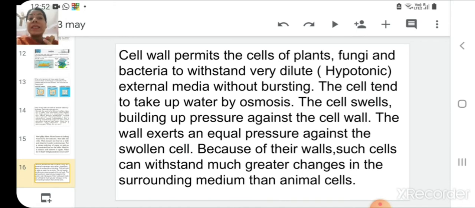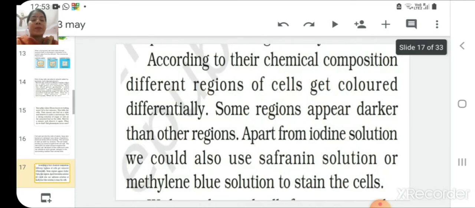The cell tends to take up water by the process of osmosis. The cell swells, building up a pressure against the cell wall. The wall also exerts equal pressure against the swollen cell. Because of their walls, such cells can withstand much greater changes in the surrounding medium than animal cells.